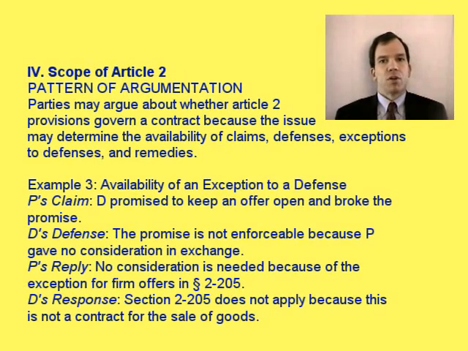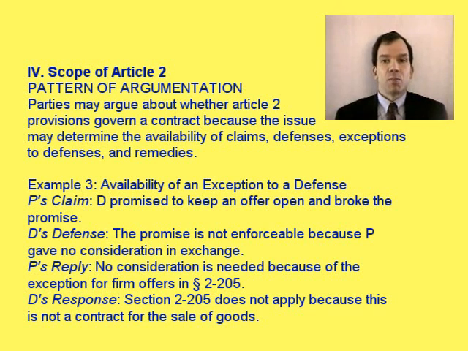A third example concerns the availability of an exception to a defense. Suppose that the plaintiff claims that the defendant broke a promise to keep an offer open. And suppose further that the defendant's defense is, well, there was no consideration for my promise to keep the offer open. The plaintiff might reply, well, no consideration is needed because of the exception for firm offers in Section 2-205.